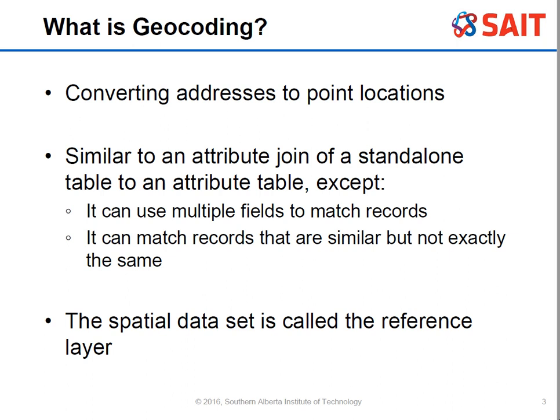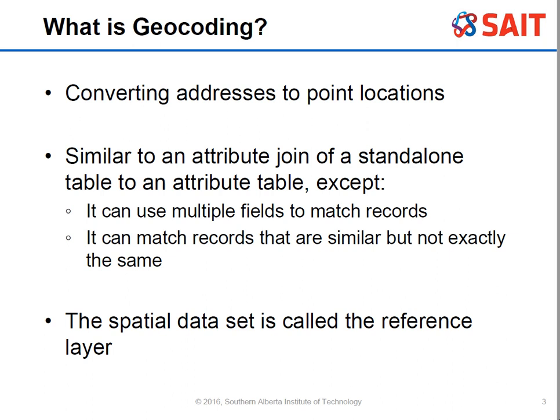So what's neat about this is that because it's like an attribute, it's very similar to joining a standalone table with another attribute table. So we want to take those two and put them together. That's pretty much exactly what we're doing, except in a slightly more complicated way, and it has a couple of exceptions.